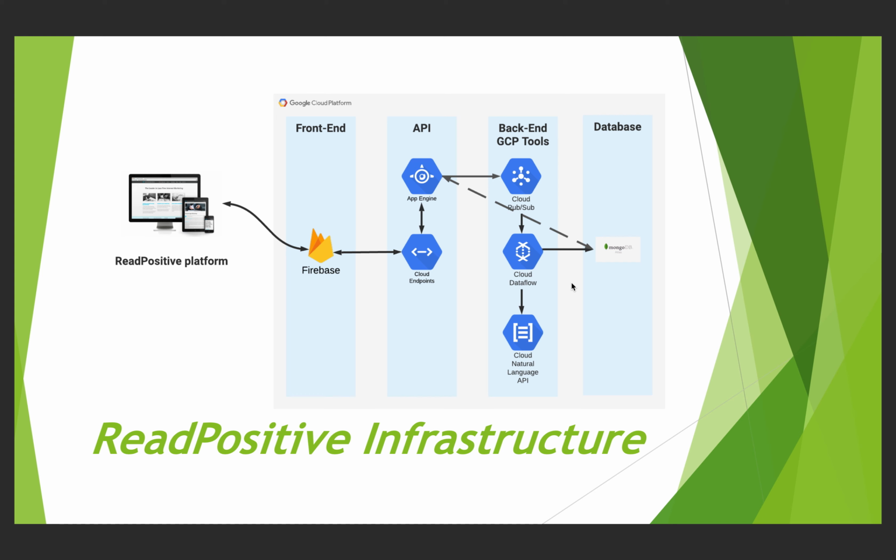And finally, that pushes the news and the sentiment score into MongoDB Atlas, which then will be queried to get the news feed for each user. So everything is developed on GCP, Google Cloud Platform, and it's using MongoDB Atlas.